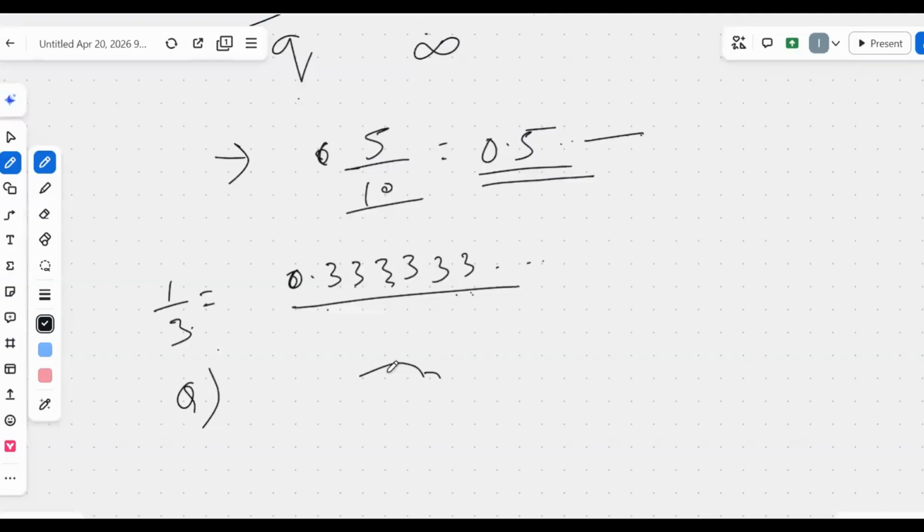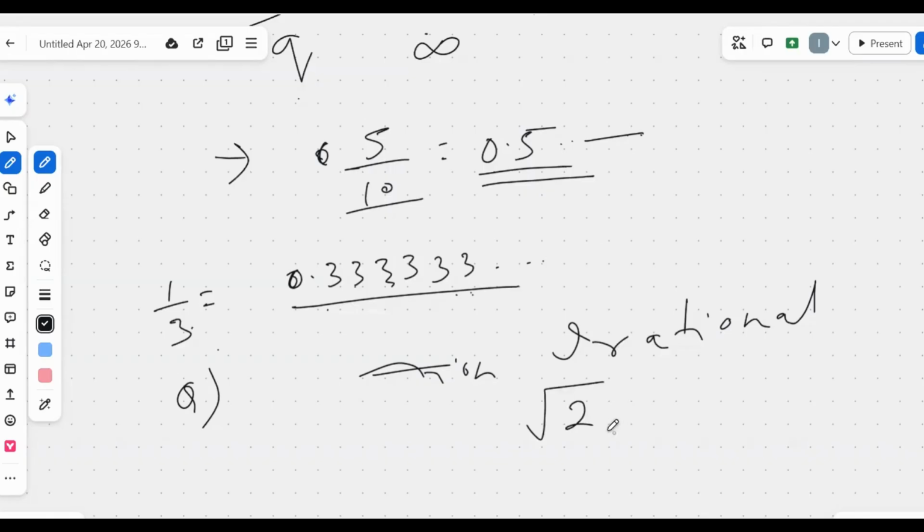Irrational number, a number that is non-terminating and non-recurring. Means neither is it going to terminate nor is it going to repeat itself. If I write root 2, you can use the calculator to find the value of root 2.